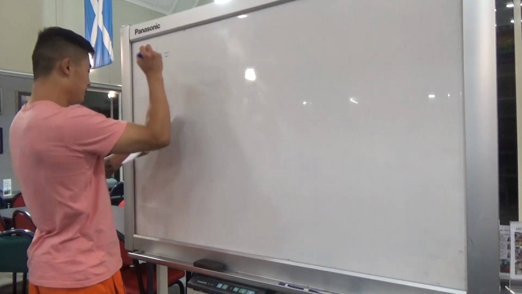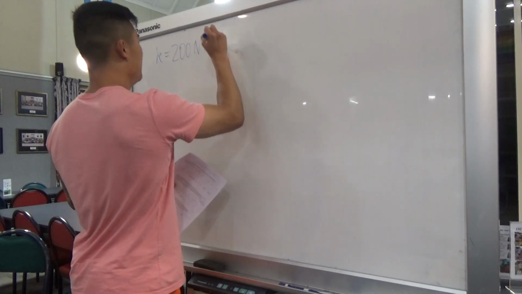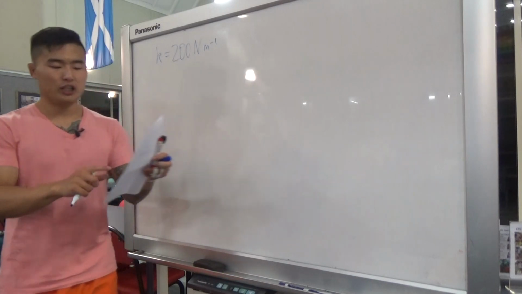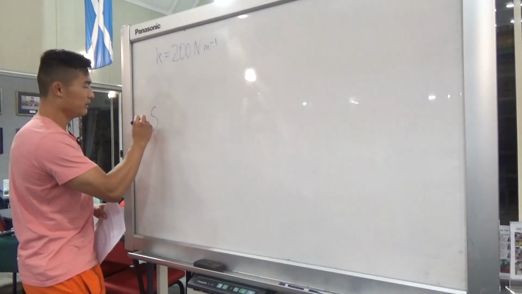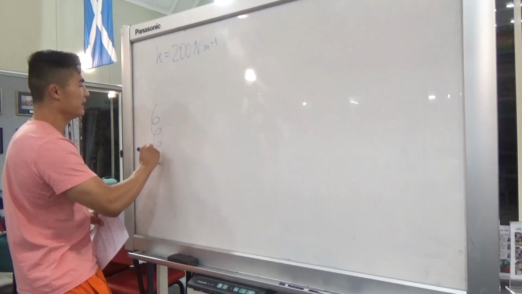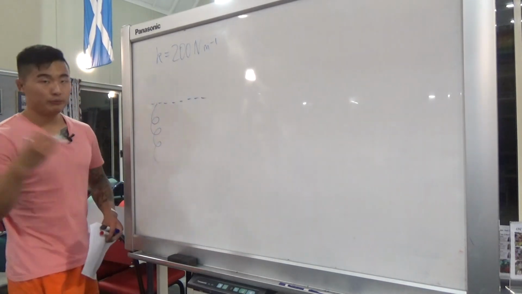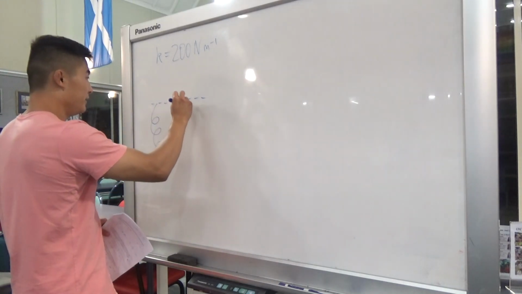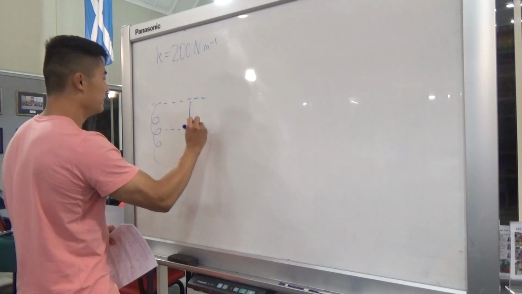So K is equal to 200 newtons per meter. We've been told that it's compressed by 0.1 meters. If you had a spring like this, this is the equilibrium point where the spring is naturally, and then you compress it down to this point here.